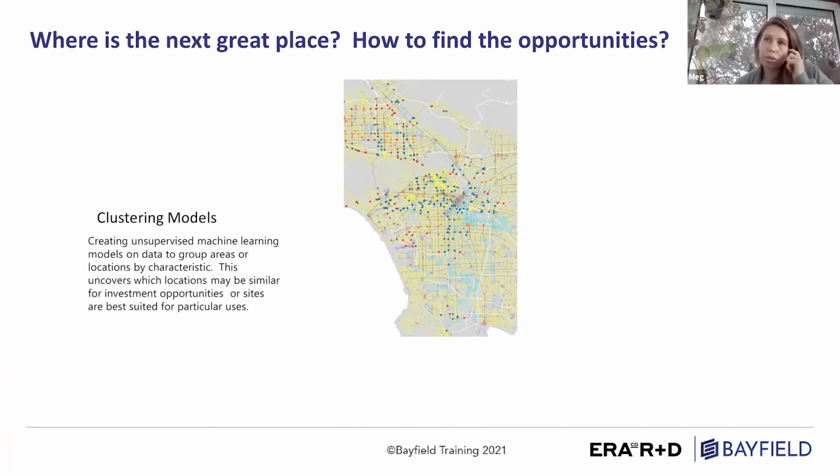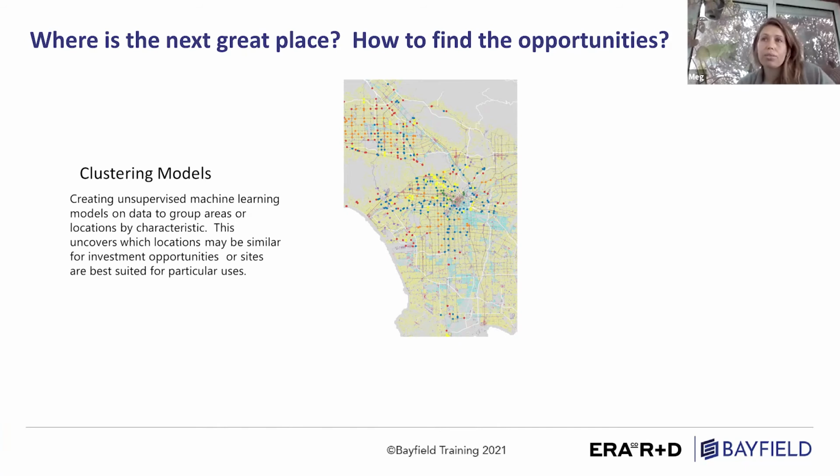Clustering models we've used on quite a number of different projects. For example, in another Bayfield seminar that one of our team ran, we looked at affordable housing. We looked at a number of different plots across the city and worked out which locations would be the best and most suited for affordable housing, based on the spatial and demographic characteristics of that location.